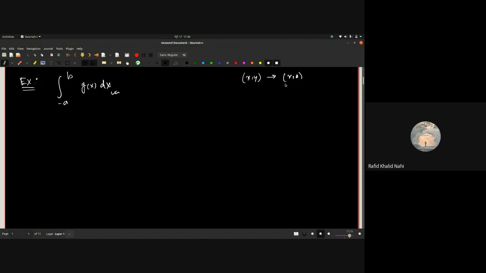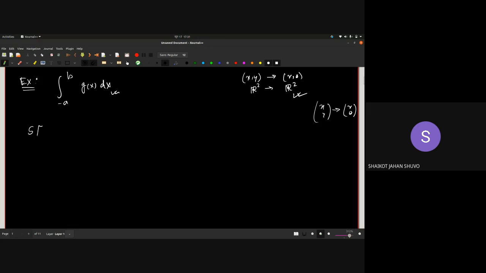I don't think that's a functional from what I know, because you are transforming some vector x, y to r, theta, and to do this transformation you need a matrix. So those are finite dimensional vector spaces. So yeah, this is one example of a functional.